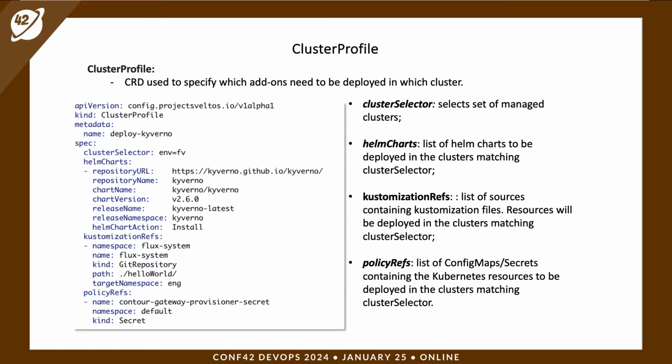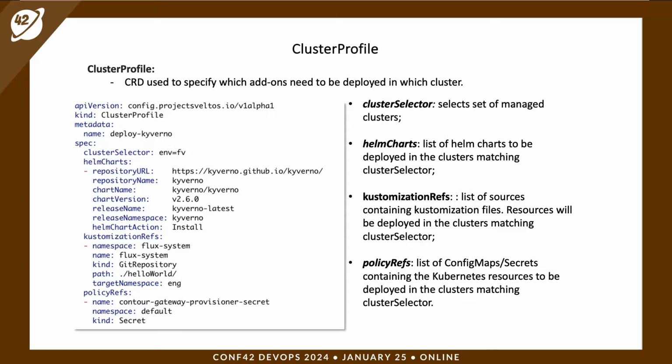In this case, we have a Helm charts section where we can list one or more Helm charts. Here, we're asking Sveltos to deploy Kyverno version 2.6.0 in every cluster that is matching the cluster selector env equals FV. And there is a kustomization section where you can list all your sources where you have kustomization files.